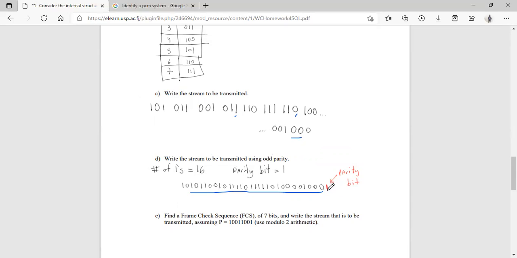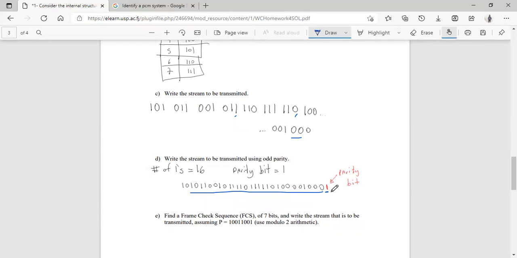The value of the last bit will be 1 in order to make the whole code have 17 ones. The last bit is our parity bit. If we add 1 at the end, it makes the number of ones odd. In that case, the stream translated using odd parity will be this.